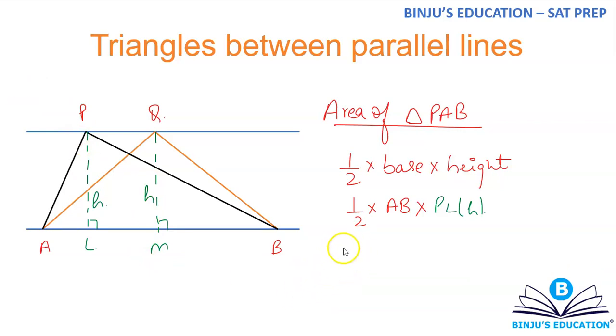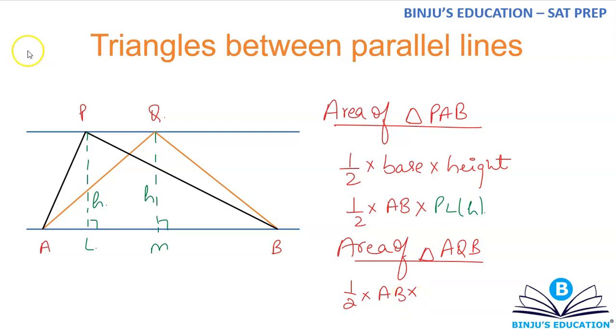Now if you talk about area of triangle AQB, its area again will be half into base into height, which will be half into AB into, you can either write QM or H. Now since P and Q are lying on a line which is parallel to the base, let's call this line L and let me call this line M. So L and M are parallel.